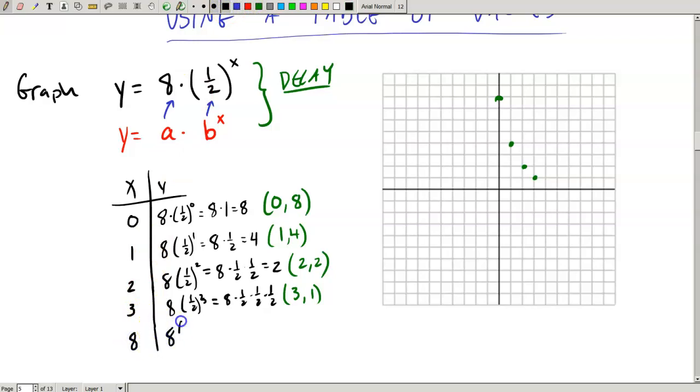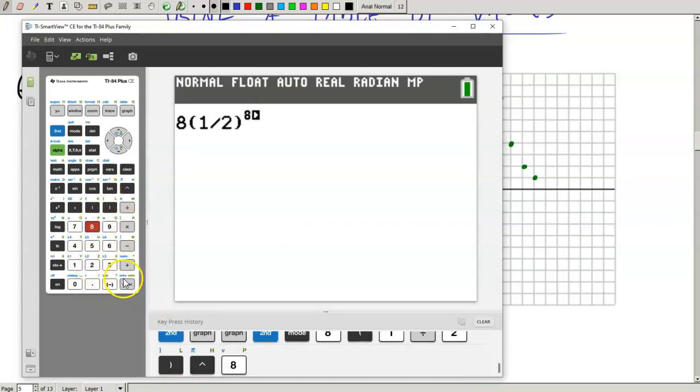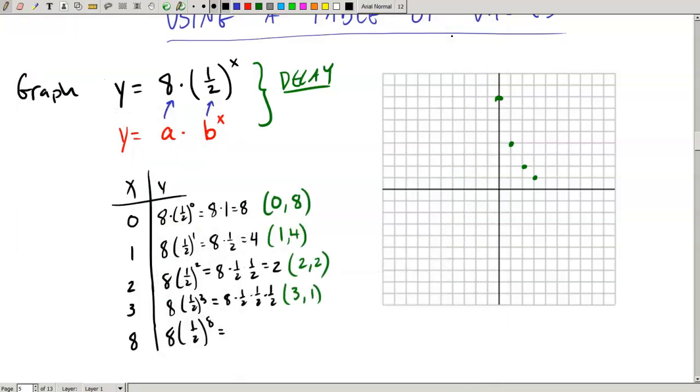What's 8 times 1/2 raised to the 8th? Let me just plug in this one. 8 times 1/2 raised to the 8. Well, that's 0.03125. So obviously it's getting smaller. So there's my point, and 8's over here, but that's going to be really close to 0.